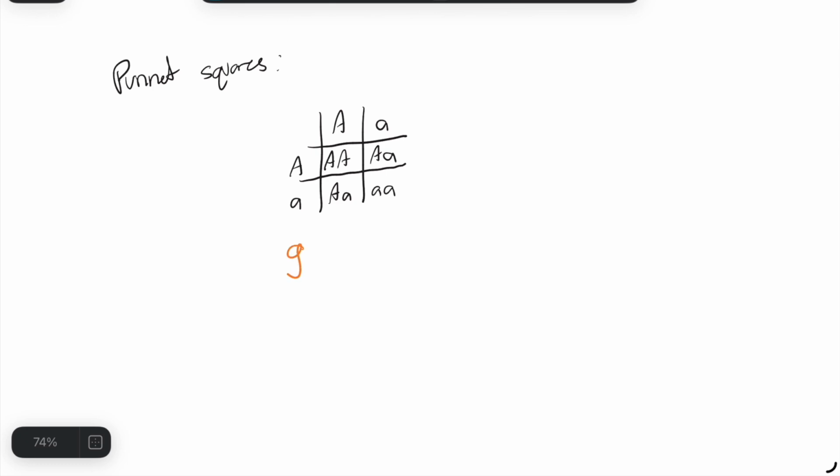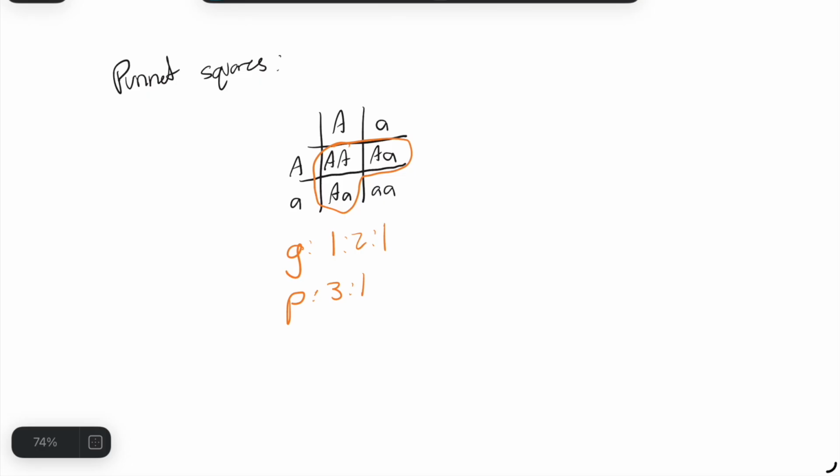So while our genotype is a 1-to-2-to-1 ratio, our phenotype is going to be a 3-to-1 ratio, because 3 of our 4 combinations have at least one dominant allele. So we will see a 3-to-1 ratio.